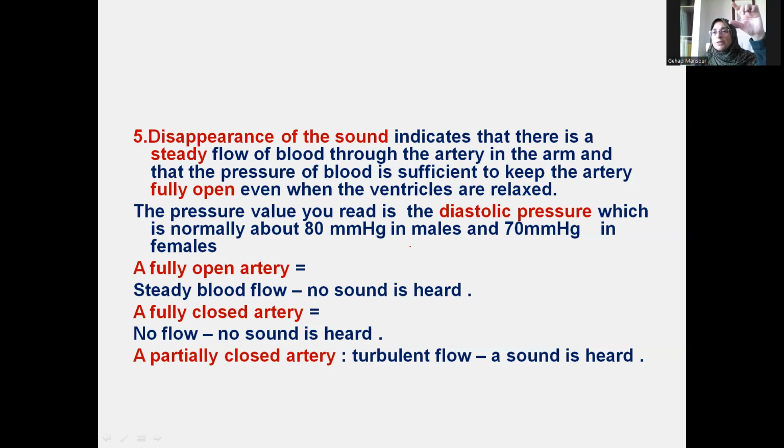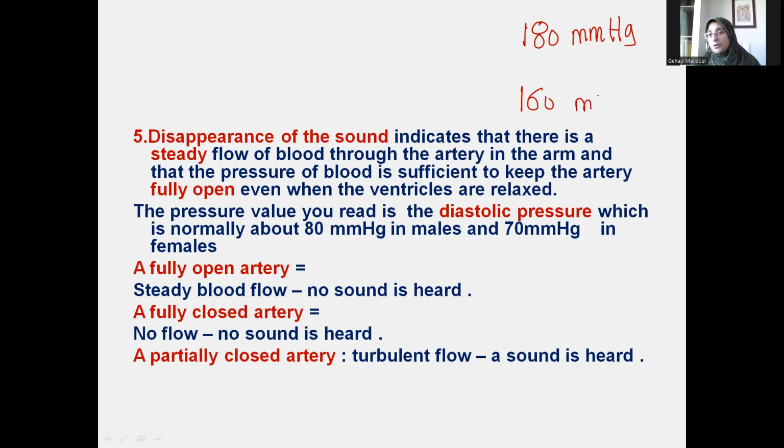And then finally, you should consider the auscultatory gap. In some individuals, especially in hypertensive individuals, there is a gap between the highest pressure, the actual pressure of the patient, say, for example, it is 180 millimeter mercury, and the lower pressure that comes next to it, which is, for example, 160.